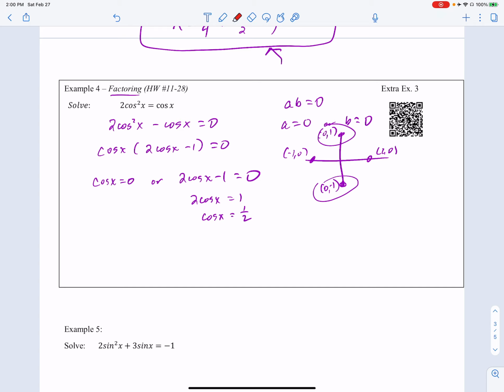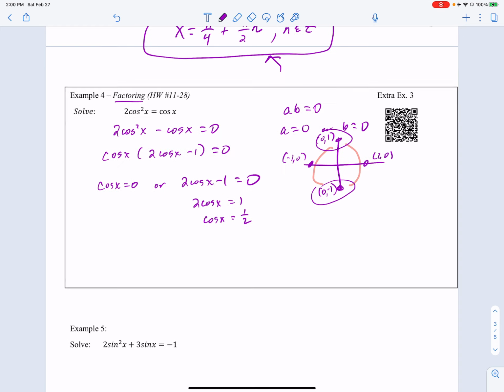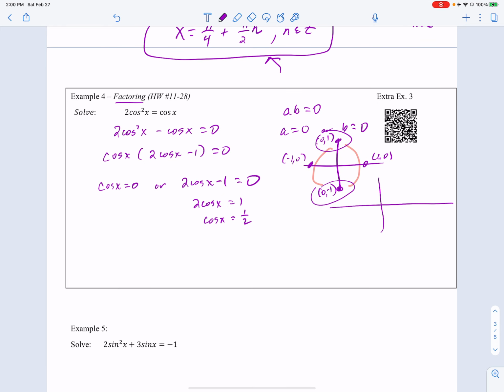And kind of like what I said before, notice that if I go from one to the other, there's a rotation of pi, half of a turn. So there's going to be a more concise way of writing this. Also, if I think about it graphically, cosine starts at 1, goes to 0 at pi halves, negative 1, 0, and then back up here. So if I have this cosine graph, I go back here.